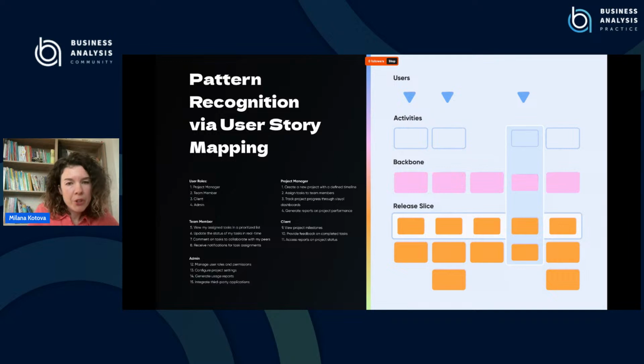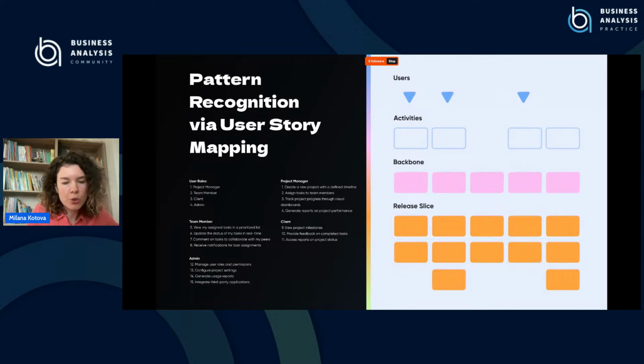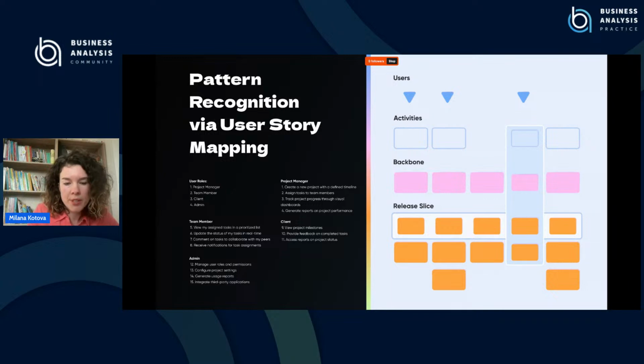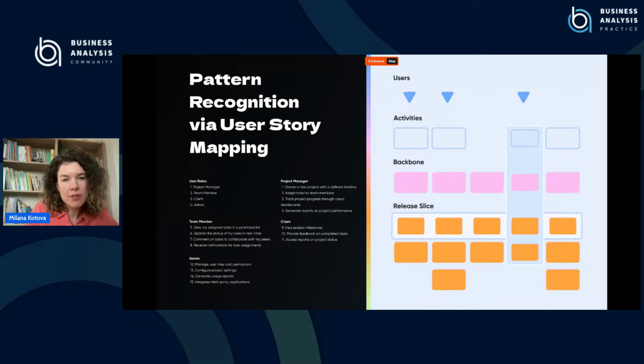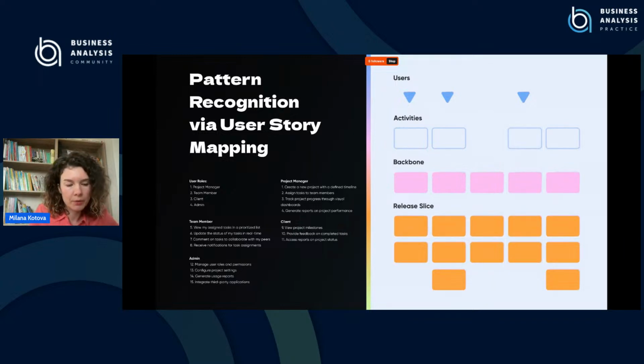So, by visually organizing user stories based on some key points, as I mentioned, functionality or priorities or roles or something you picked up to differentiate, we begin to identify patterns on how features, tasks, or processes align with the overall goals of the project.